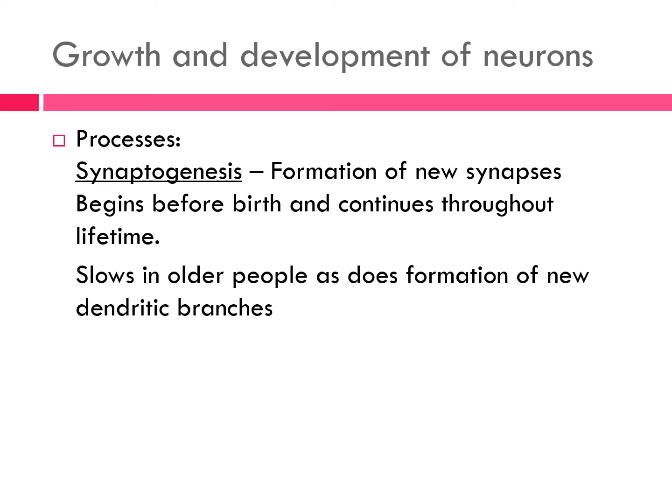We're also going to see times when there is synaptic pruning, as we create more neurons and synapses than we need, and then we go back and prune what is not being used, or those weaker synapses. This slows in older people, so I'll talk a bit about how this, especially in certain areas of the brain, continues throughout our lifetime, but it does slow as we get older, as does the formation of new dendritic branches.